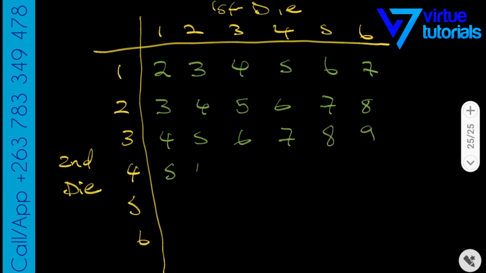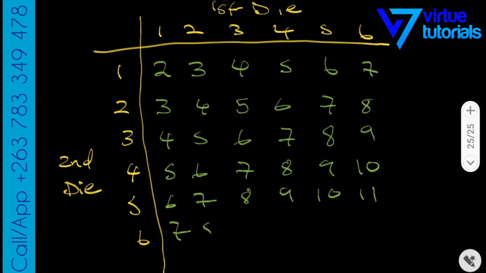So we continue doing the same thing, adding the different combinations until we have completed the outcome table. So I just sped it up. I hope you understood. So these are the totals.